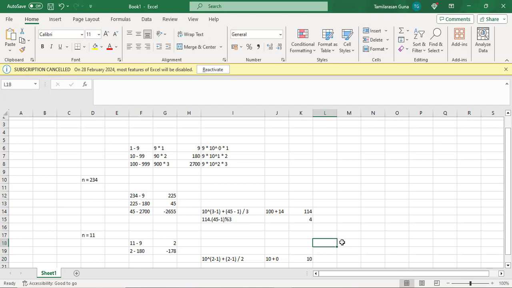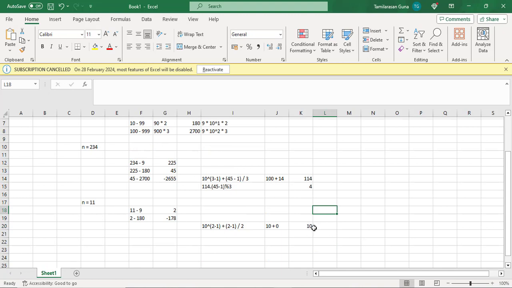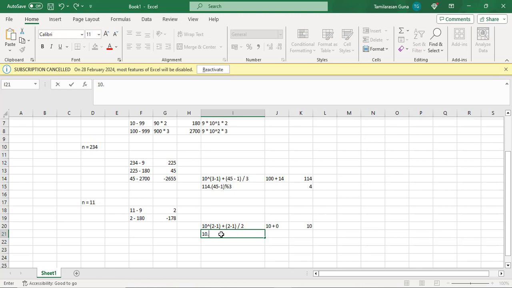Now I am going to find which digit exactly matches the 11th digit. From the number 10, I find the digit using n value 2 minus 1, modulus total number of digits, that is 2. So the remainder is 1.